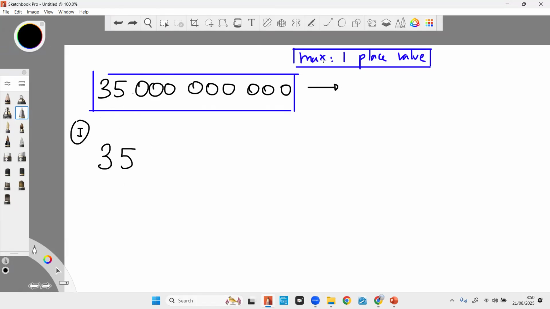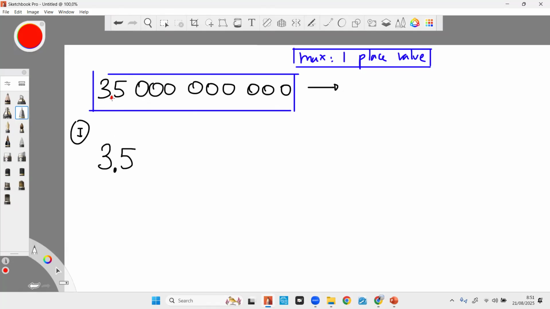The rule is always one place value. So unit place value, or one place value, or integer place value. So 3.5. Then this is how we simply do this. From 3.5, you want to reach the last zero. Let's see. So 3.5 is here.